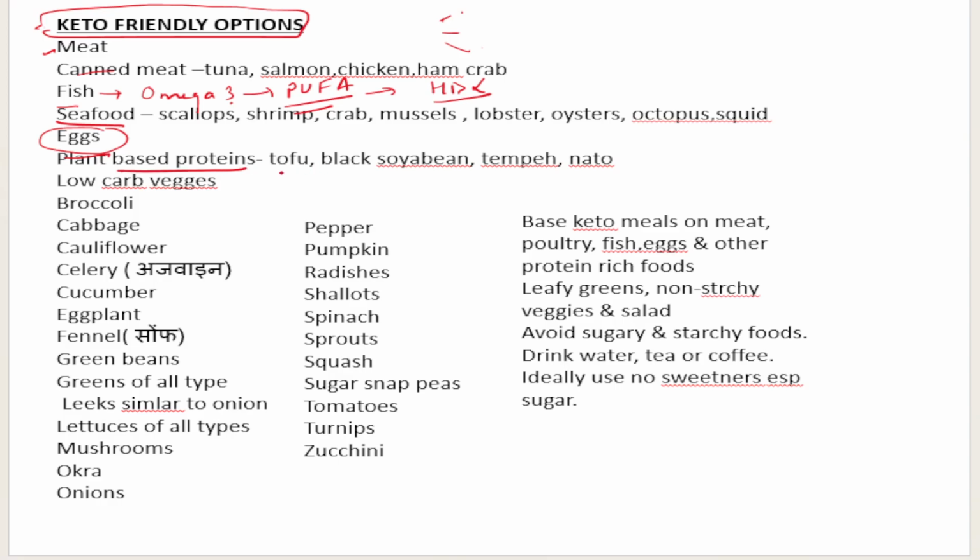Then plant-based proteins like tofu, black soya bean, etc. Then low-carb vegetables that grow above ground. These are certain keto-friendly options.